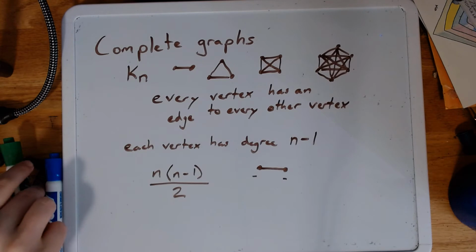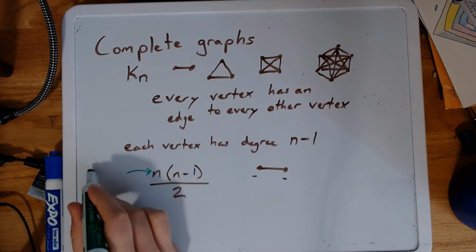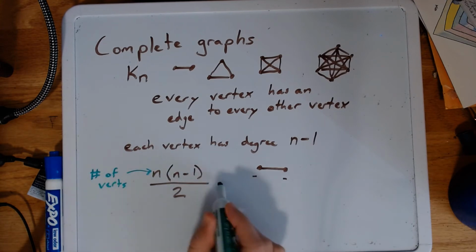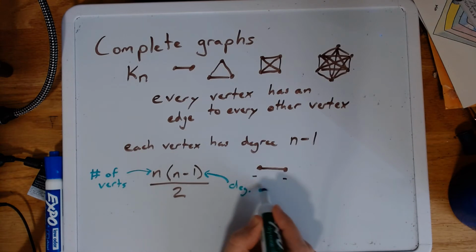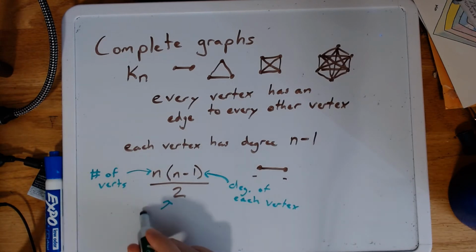To annotate this a little bit, this n is our number of vertices, this n minus 1 is the degree of each vertex, and this 2 sort of fixes our overcounting.